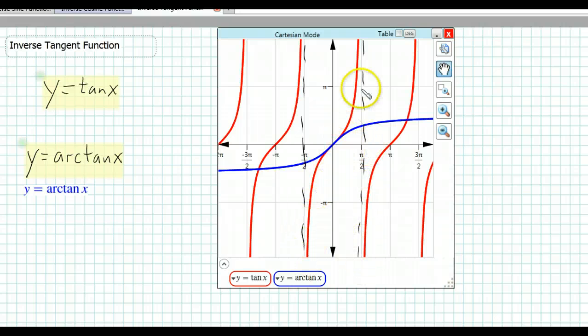So we're only going to look at this central part of tangent. When we do the arc tangent, it now becomes this, and we have horizontal asymptotes instead of vertical ones, going from -pi/2 to +pi/2.